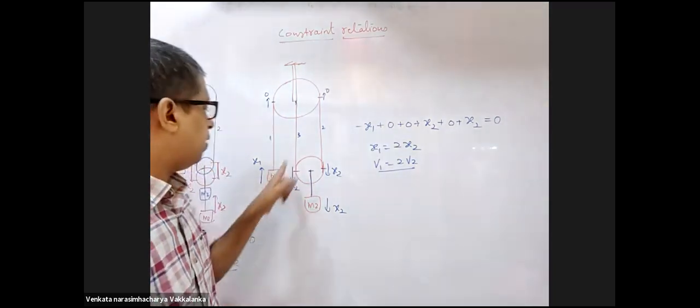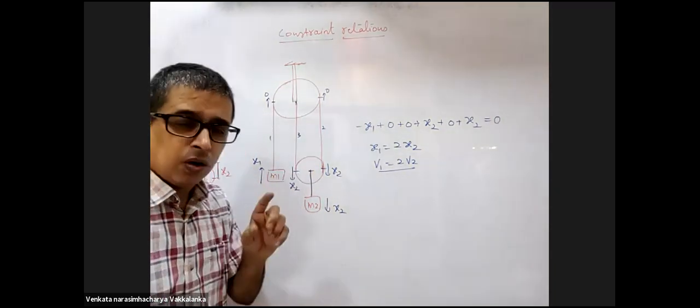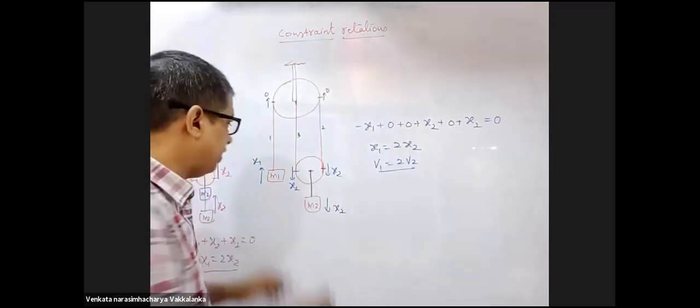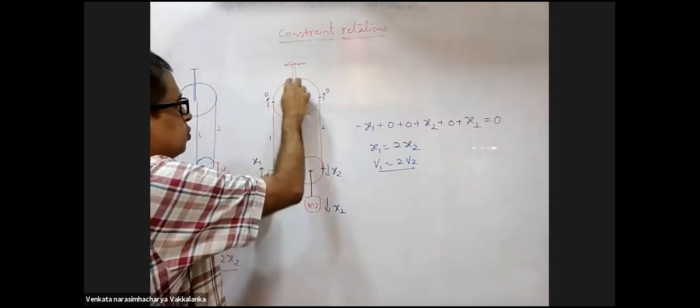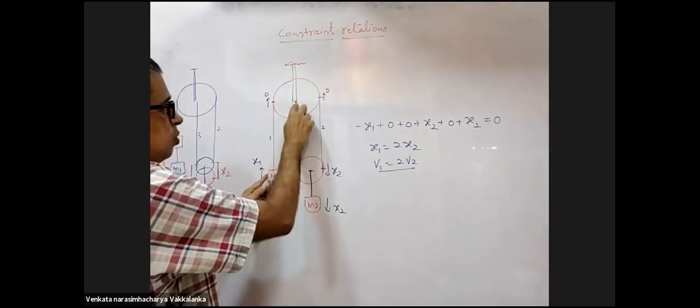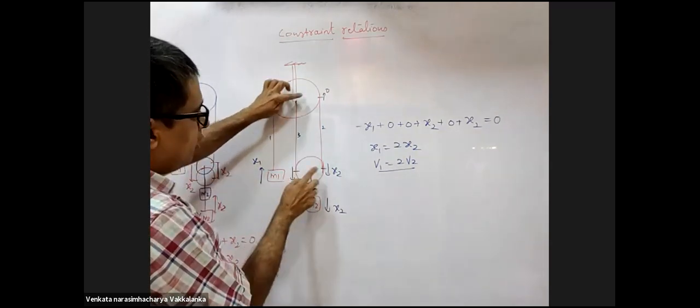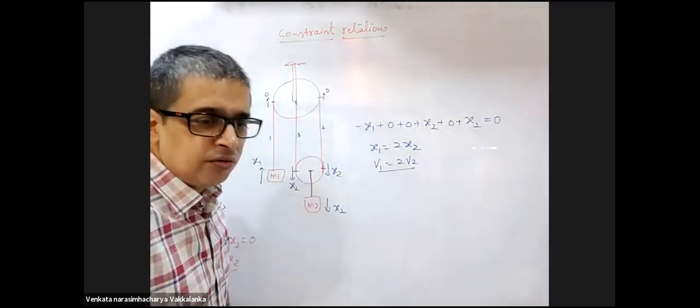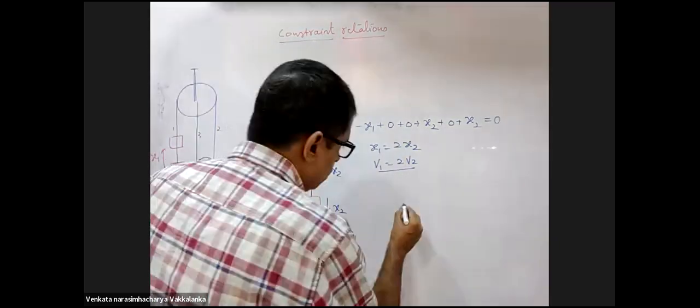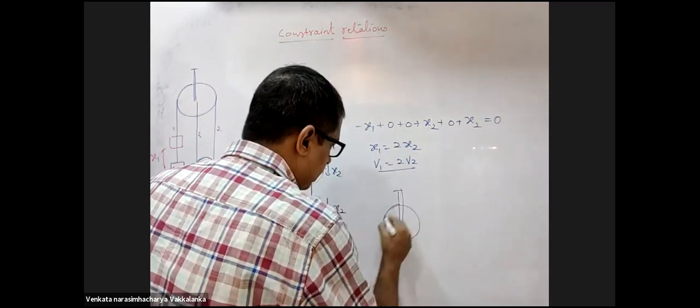Segment 3 is one part of this string. What makes you say it is totally different? This string goes this way, comes over this way, and comes over this way. Length of 3 need not be equal to length of 2. Who said that? Tomorrow I will have a pulley like this.